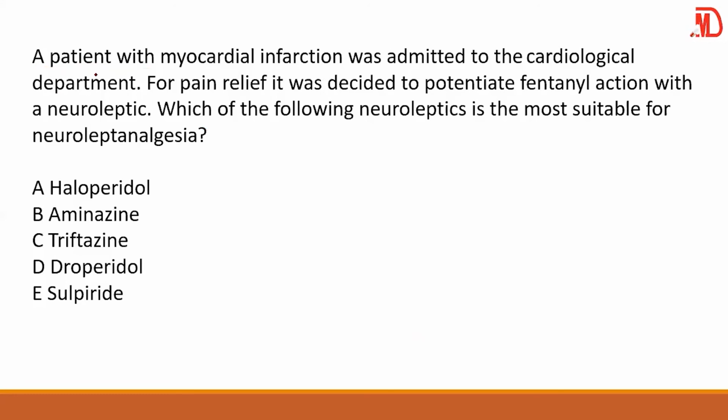So a patient with myocardial infarction. Like I said, myocardial infarction has to do with insufficient blood or oxygen to the tissue, and the patient was admitted. For pain relief, they decided to potentiate fentanyl action with a neuroleptic drug.